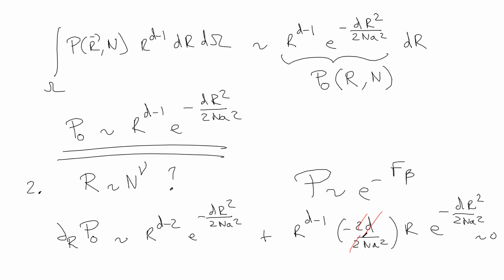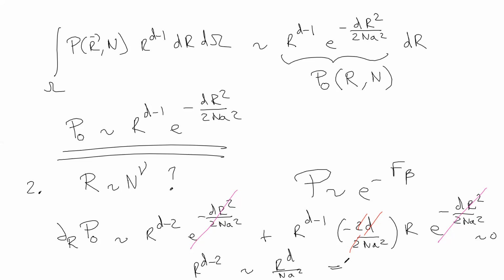All right, so in terms of scalings, what do I get? There is a minus sign, so I can just put that term on the other side of the equality. I can remove this guy. And then I end up with R^(d-2), which scales like R^d divided by N a squared.